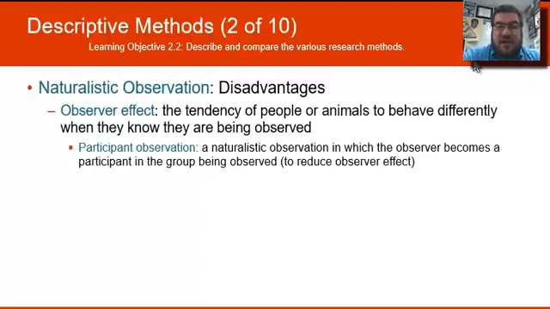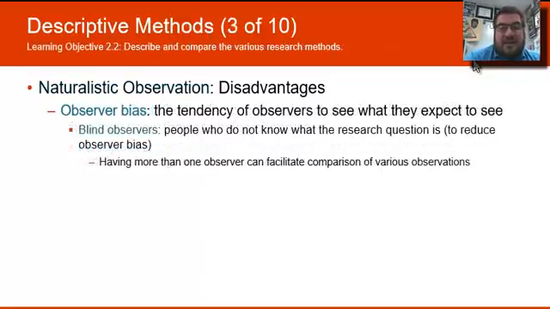And in order to get away from this and make it more valid, we can do participant observation, which is when the observer becomes a participant in the group being observed, and that helps reduce the observer effect. Observer bias. This is why we need to keep these two straight, effect versus bias.